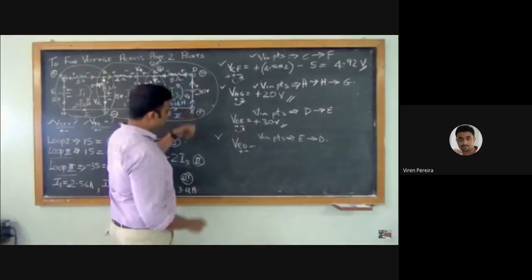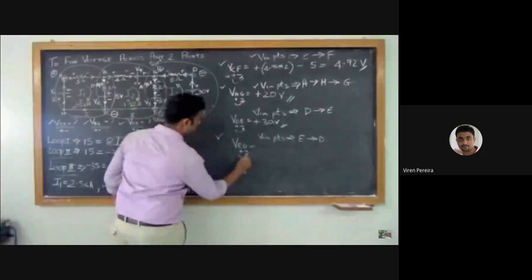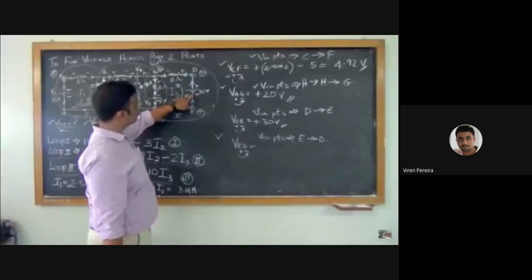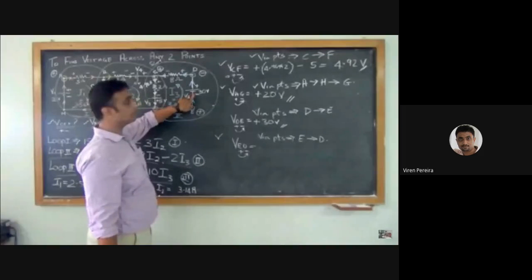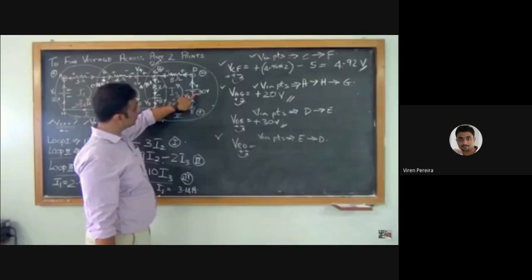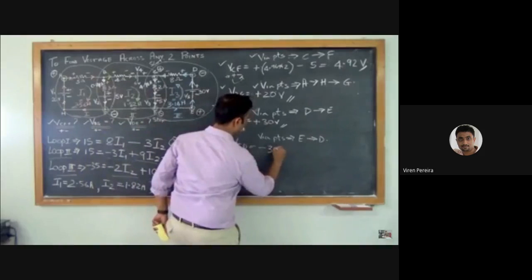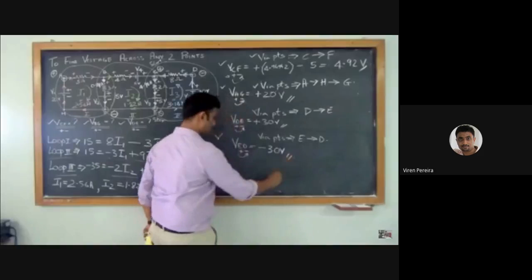If I'm starting from E and going to C, the first terminal it touches is the negative terminal of V5. So positive into negative is negative, and I get minus 30 volts.